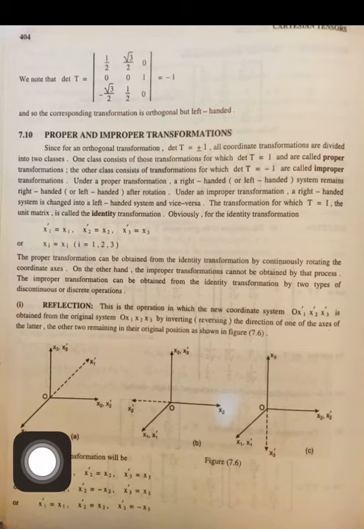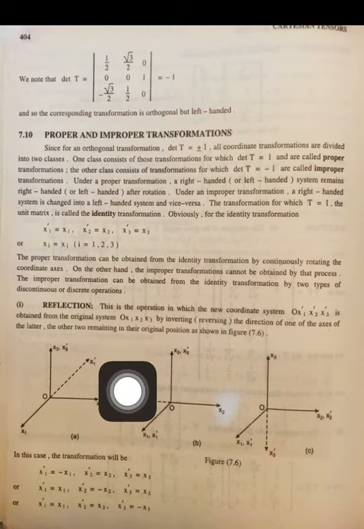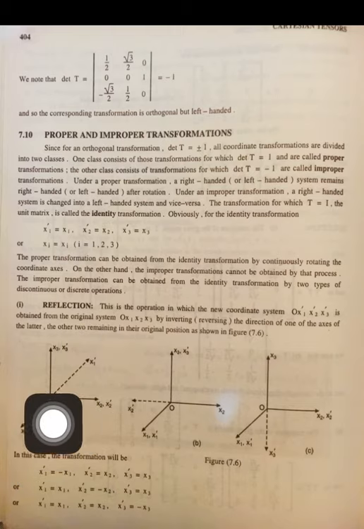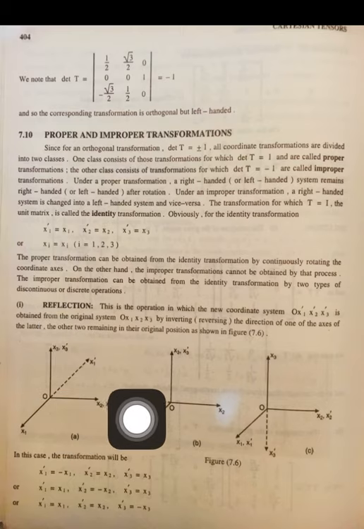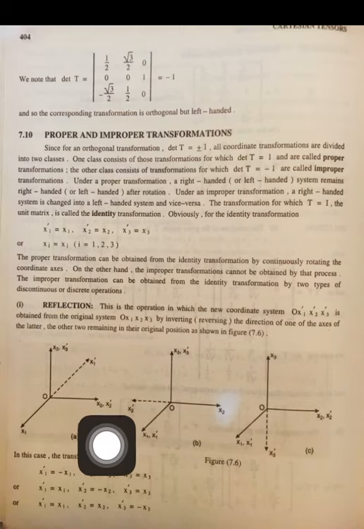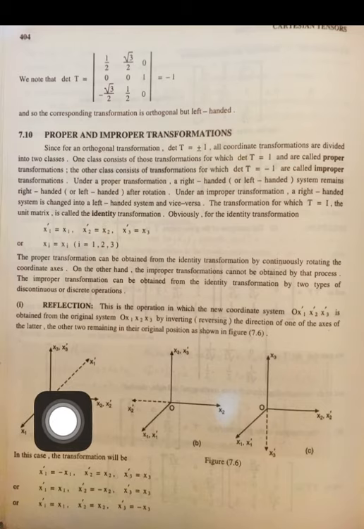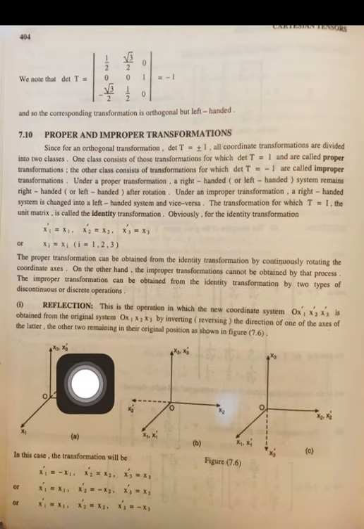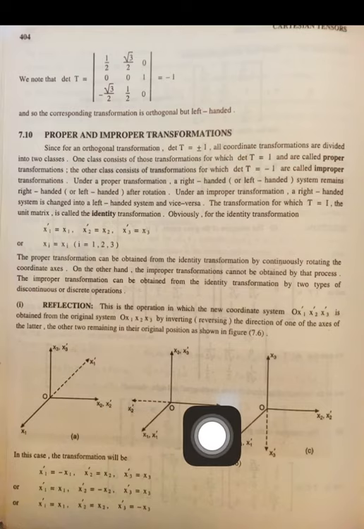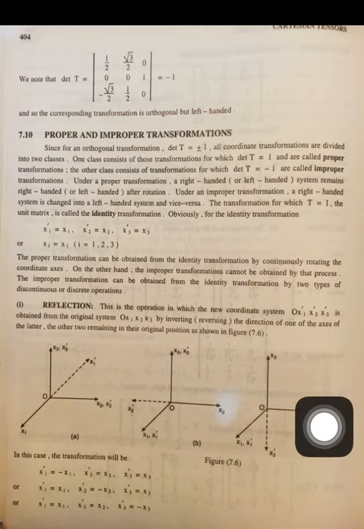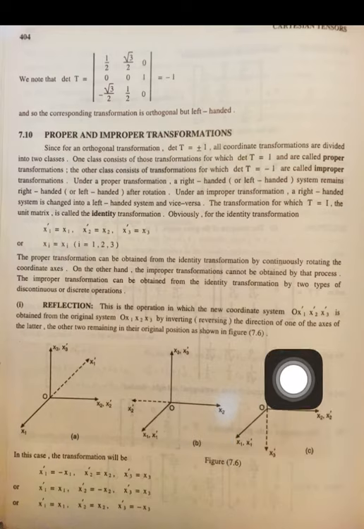Here x1 is in the opposite direction of x1 dash, but all others are in the same direction: x2 and x2 dash are in the same direction, x3 dash and x3 are in the same direction. In the next figure, x2 is in the opposite direction, and in this figure x3 is in the opposite direction.